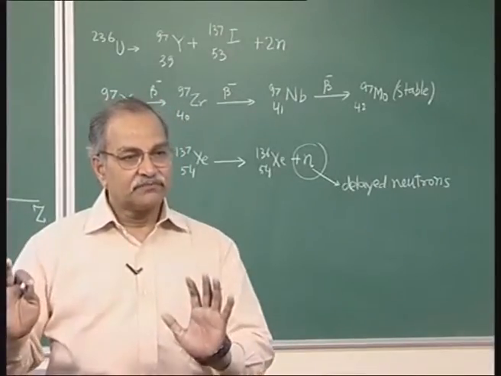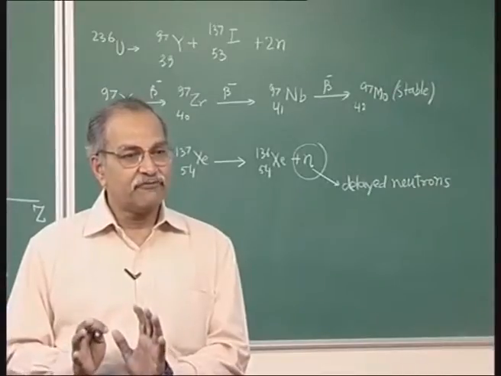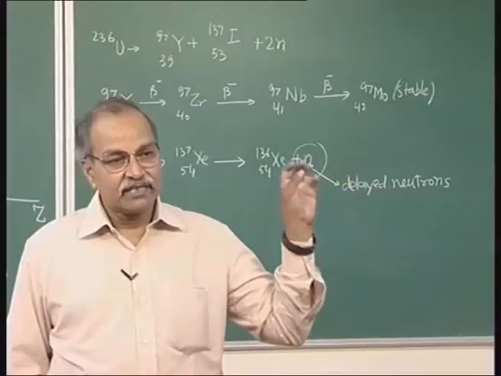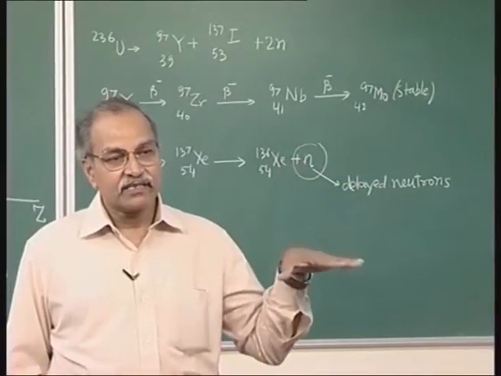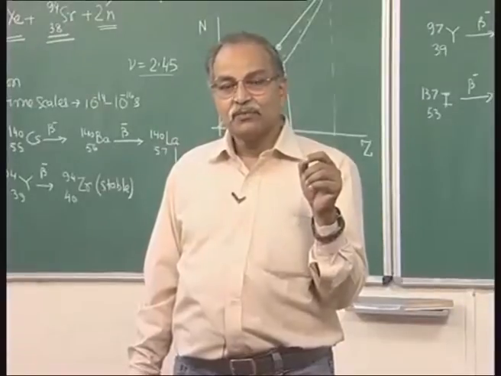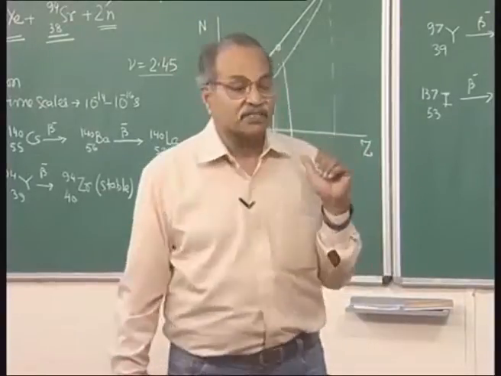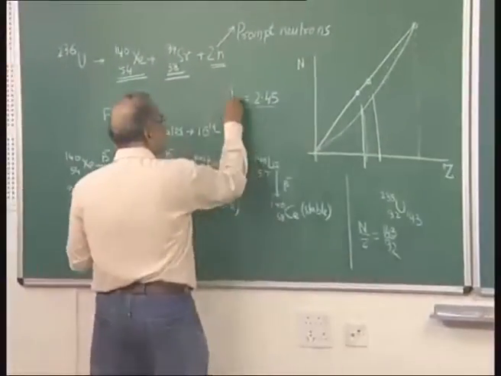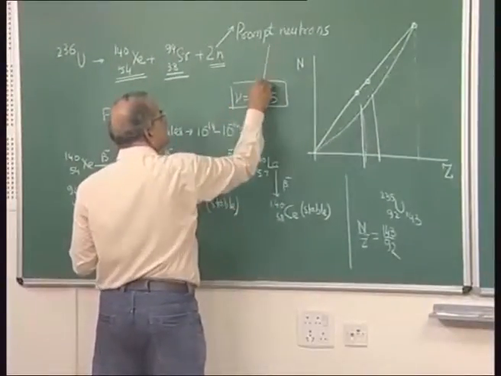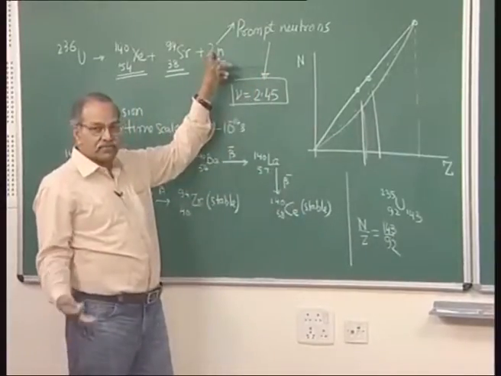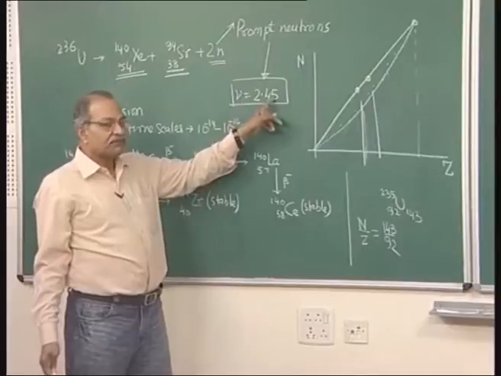Overall, on average, prompt neutrons are 2.45 or so, and the average number of delayed neutrons is something like 0.02 per fission. This nu of 2.45 is for the prompt neutrons per fission, sometimes 2, sometimes 3, on the average 2.45.